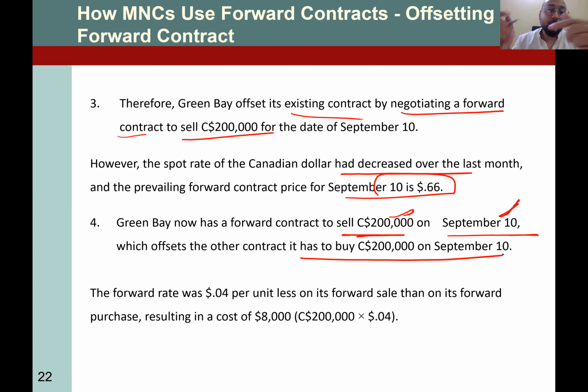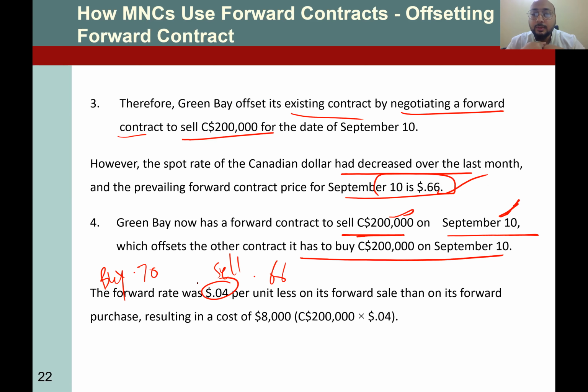They entered into a contract to buy at 0.70, and now they enter into a contract to sell at 0.66. The selling price is lower, the buying price is higher. What is the difference? 0.04. Is 0.04 their loss or profit?